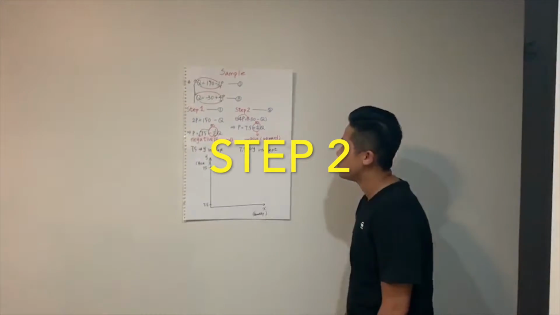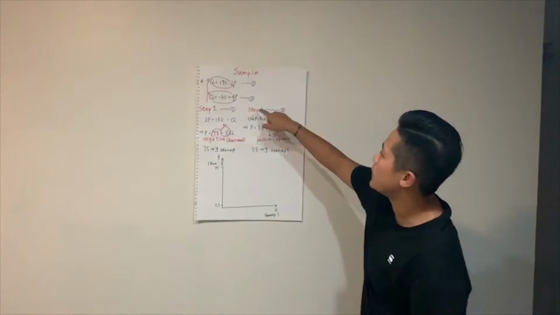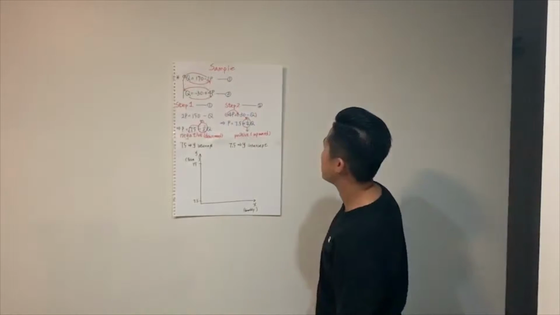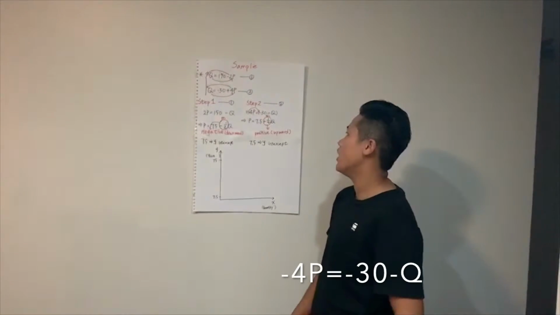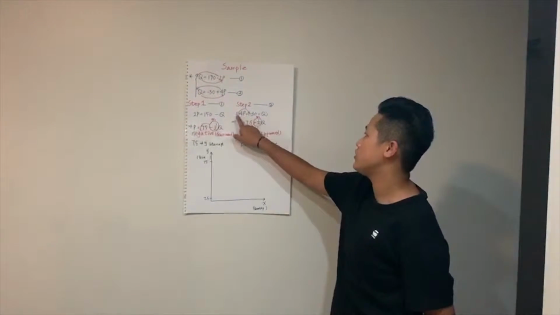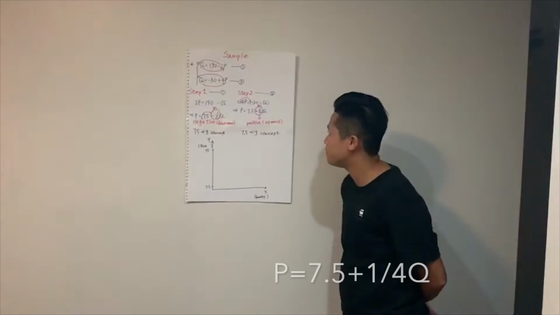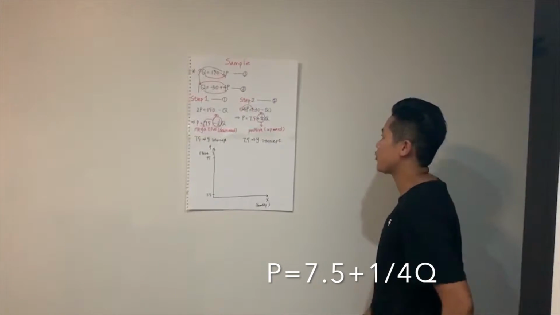And then step 2, we use the second equation. We move the 4P to the left-hand side and the quantity to the right-hand side. So it becomes negative 4P equals minus 30 minus quantity. And then we change the sign, so it becomes P equals 7.5 plus 1 divided by 4 quantity.